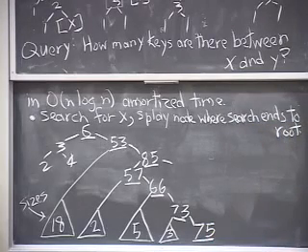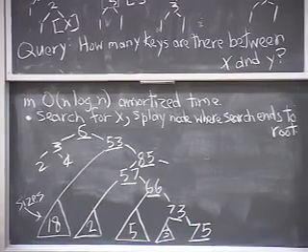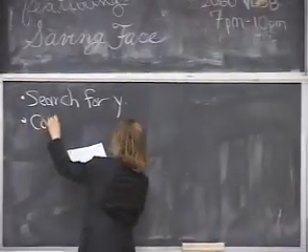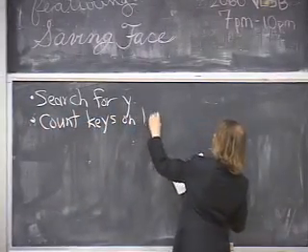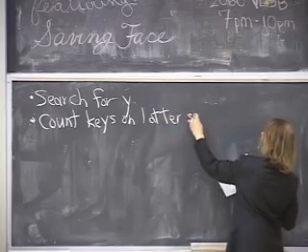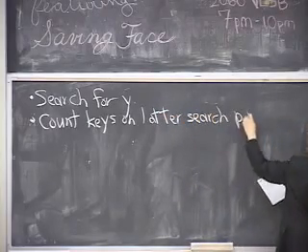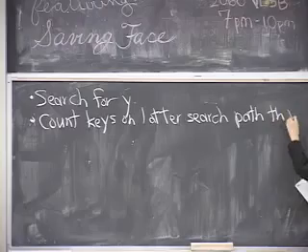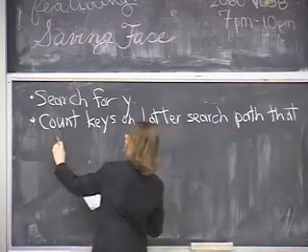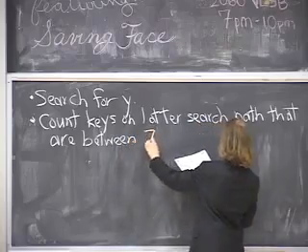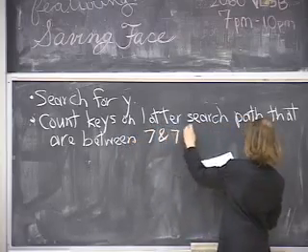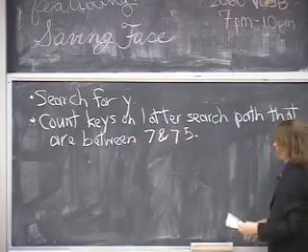And as I'm walking down through those keys, I count how many of them are between 7 and 75. Between x and y in general.